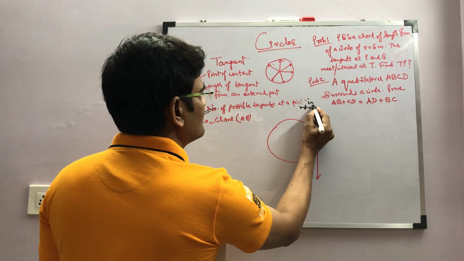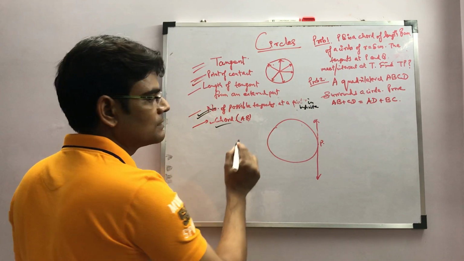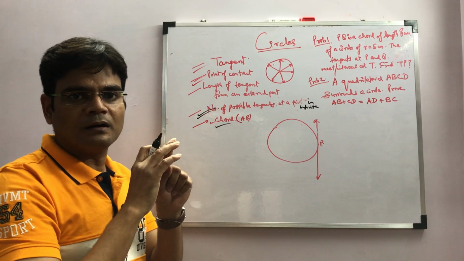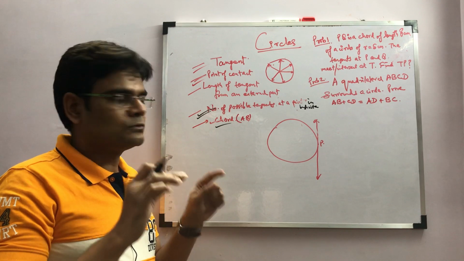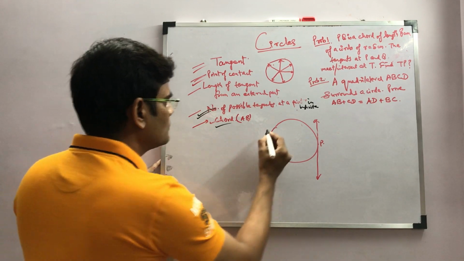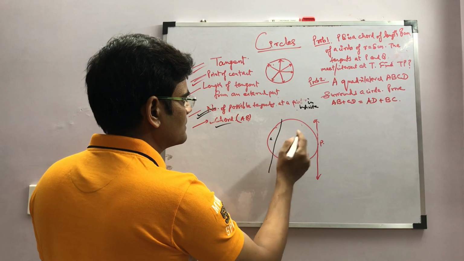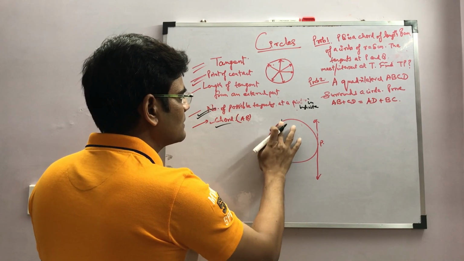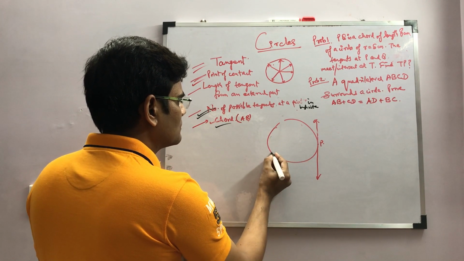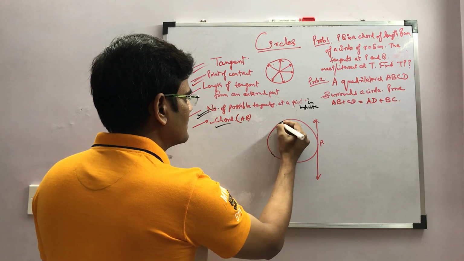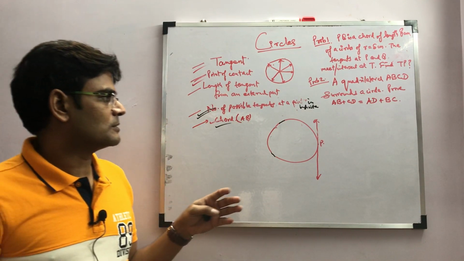Chord, you know the definition: a line crossing, intersecting or cutting the circle into two parts. Actually, there is more to cover. It divides the circle into a minor sector and a major sector. We'll cover that in a subsequent class, not this one. There is a separate chapter for this, so we are not going to cover sectors and chords now.